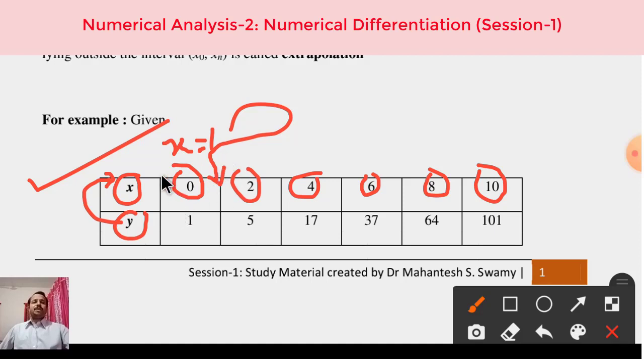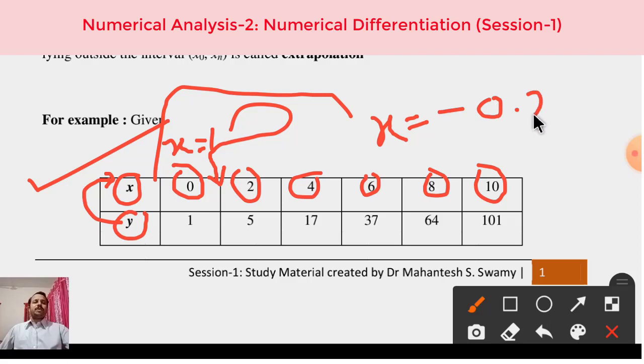For example, we want to calculate the value of y at x equal to minus 0.2. This point minus 0.2 is outside the range 0 to 10.